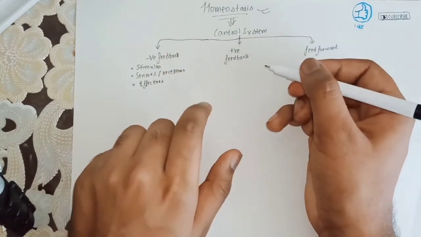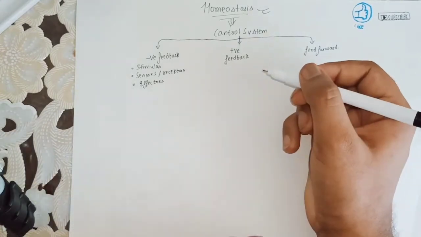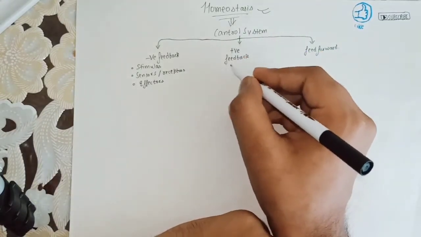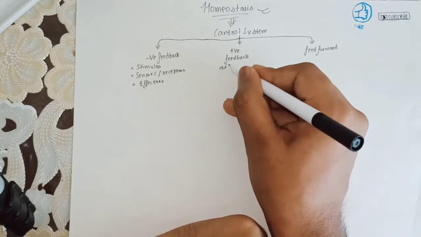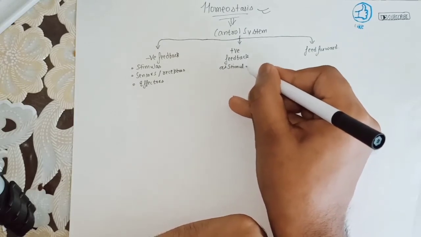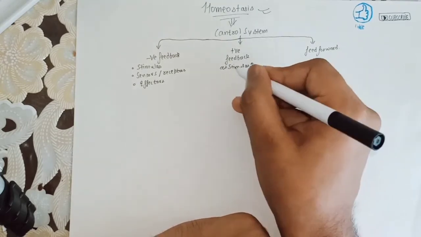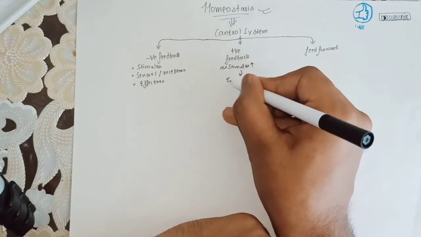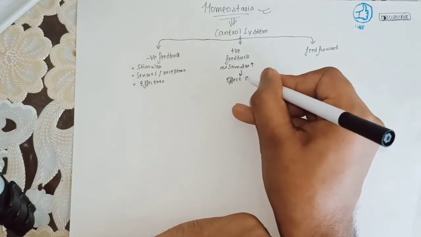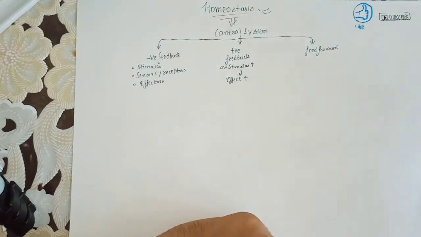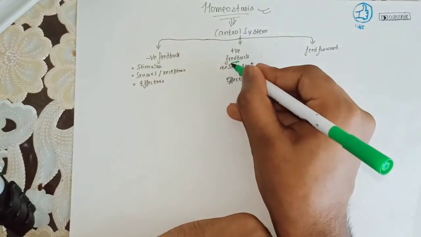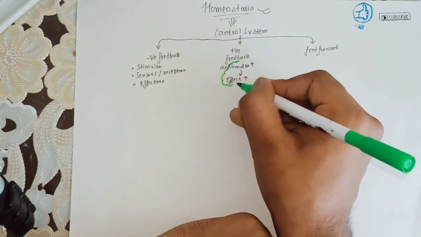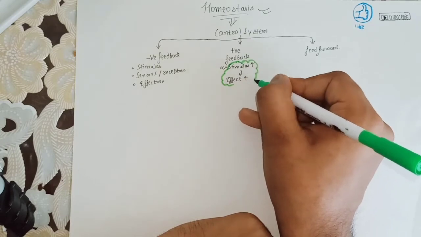And in the positive feedback mechanism, as the stimulus increases, the effect will also increase. So guys, how can I say that the stimulus will increase and the effect will also increase?